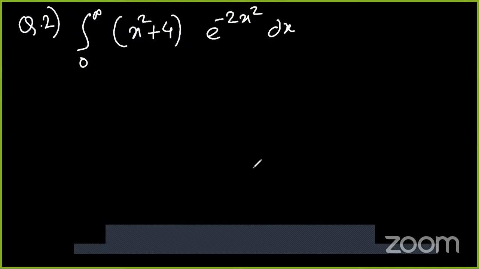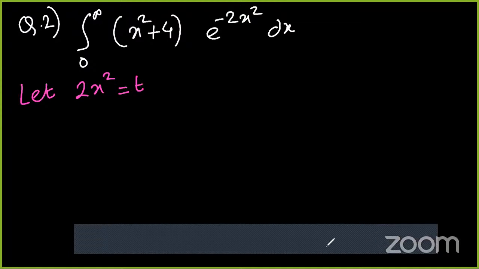So what will we do? We'll assume. Let's assume 2x square is equal to t. What did I say? Other than minus, whatever parameter is there, assume it as t. So 2x square is equal to t. Okay?